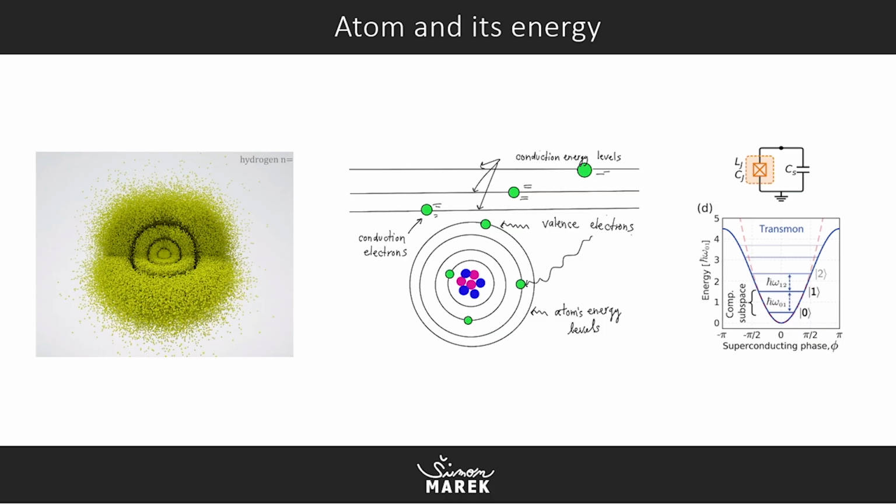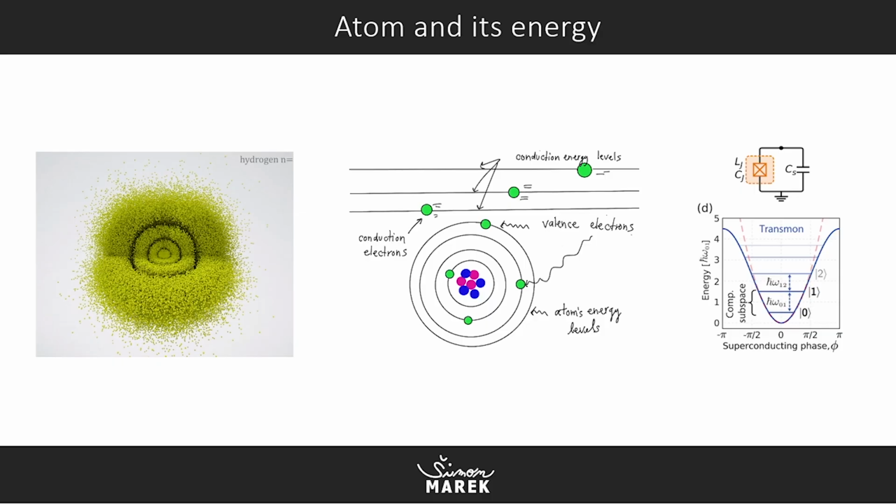Here's an atom and its energy. You can see the atom visualization on the left side. In the middle, there is an atom and its electrons, and we can basically control the energy and energy transition of our transmon using electrons.